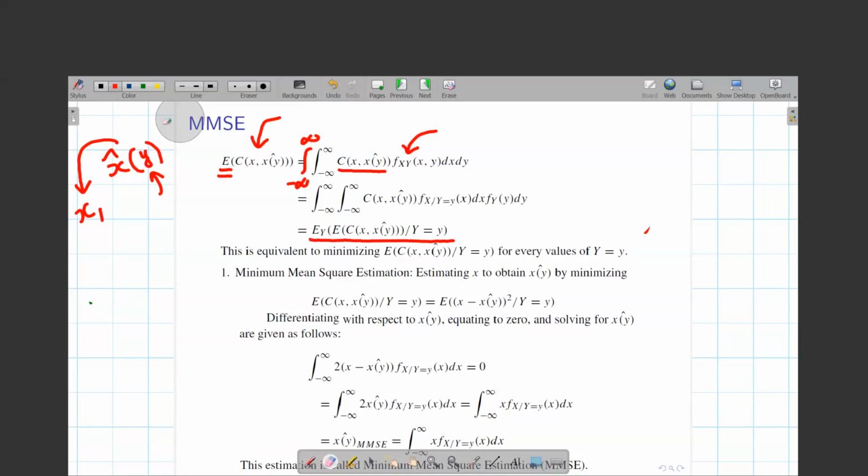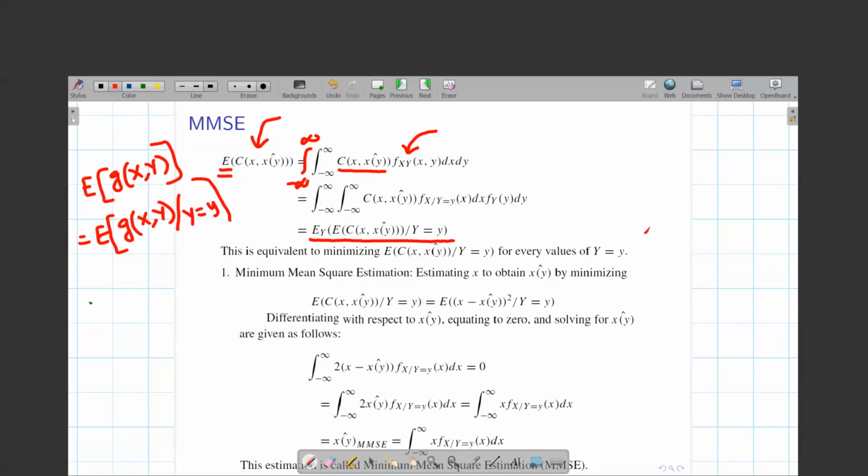I already told you the trick is very simple. If I want to take the expectation of some function g of x comma y, we can do this by fixing y, and then taking the expectation over y.